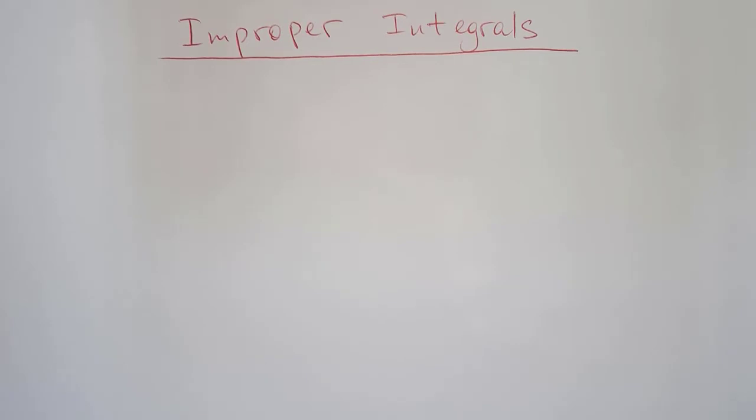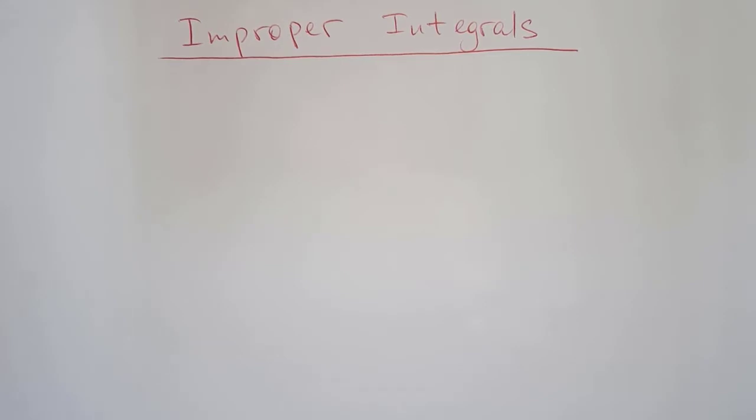It's also called an infinite interval. In this kind of integral, one or both of the limits of integration are infinity. So in this case, the interval of integration is said to be over an infinite interval.